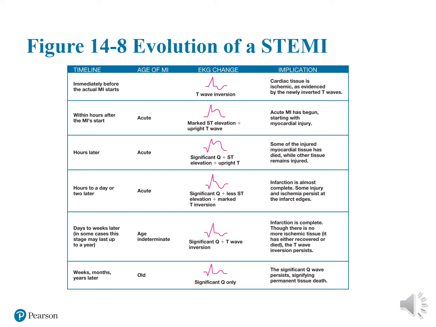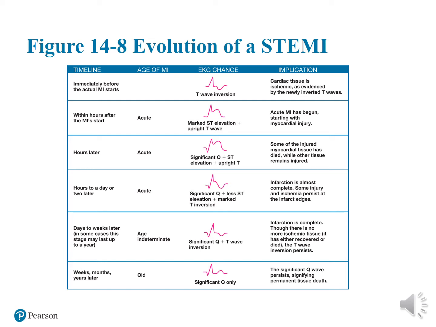Significant Q plus less ST elevation marked by T inversion: the infarction is almost complete. Some injury and ischemia persists at the infarct edges. Significant Q plus T waves: the infarction is complete, though there is no more ischemic tissue. It has either recovered or died.